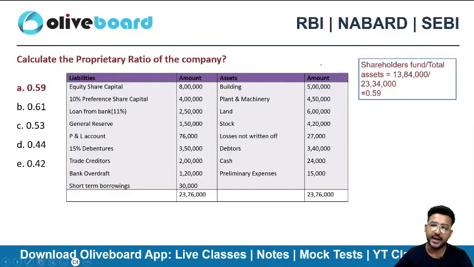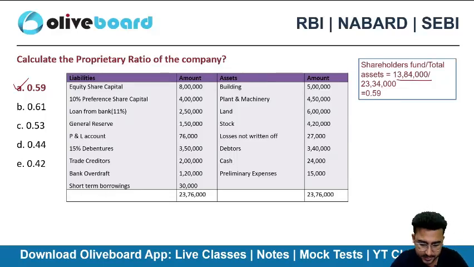So ideally my answer here will be 13,84,000 divided by 23,34,000. So the answer here will be 0.59 times. And I hope it's fine. I hope you all are able to understand this one.